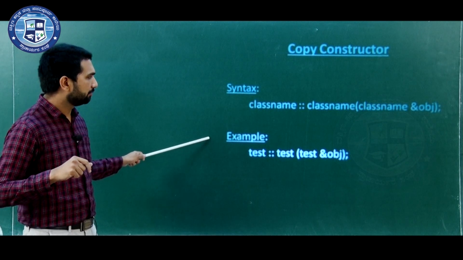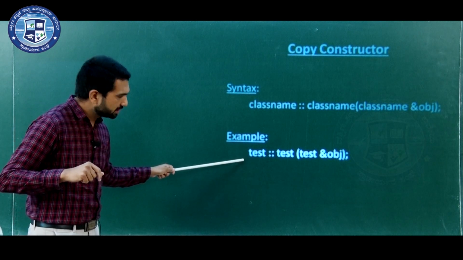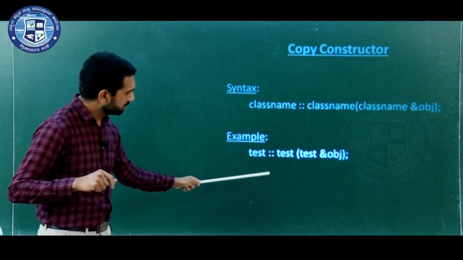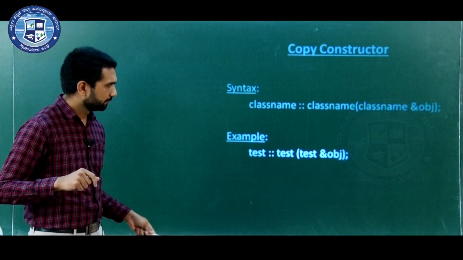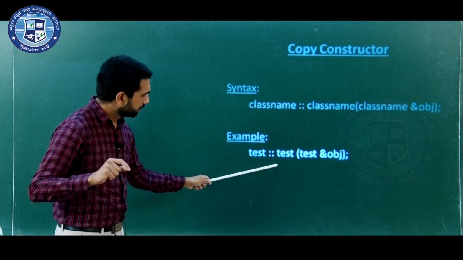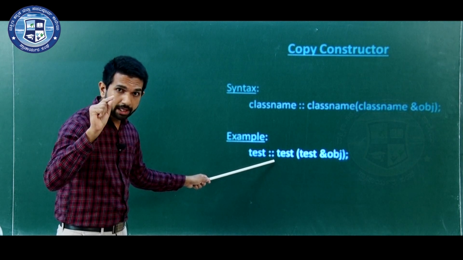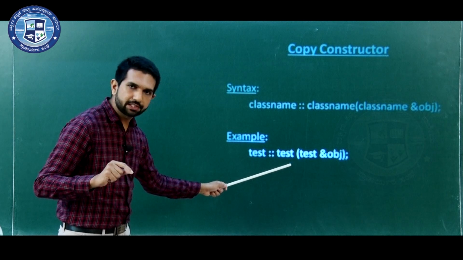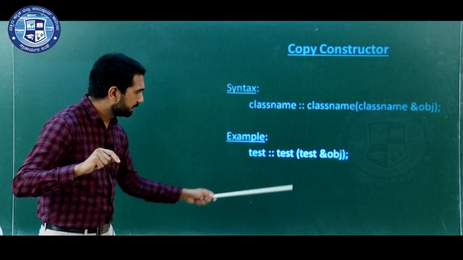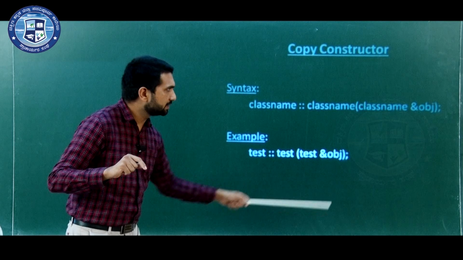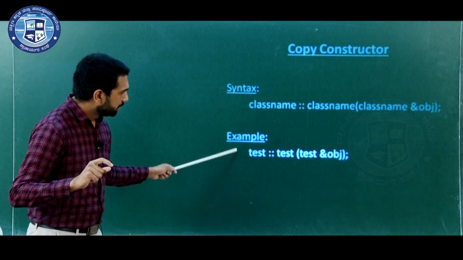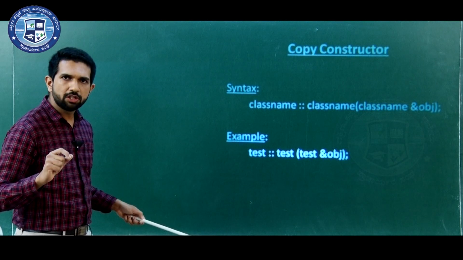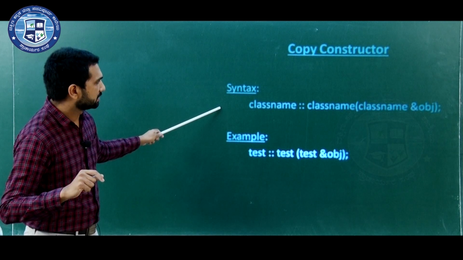In this example, just imagine Test is a class name, followed by scope resolution operator, then Test once again, and inside brackets Test ampersand obj, where obj is an object name. So, like this it is possible to call copy constructor explicitly.